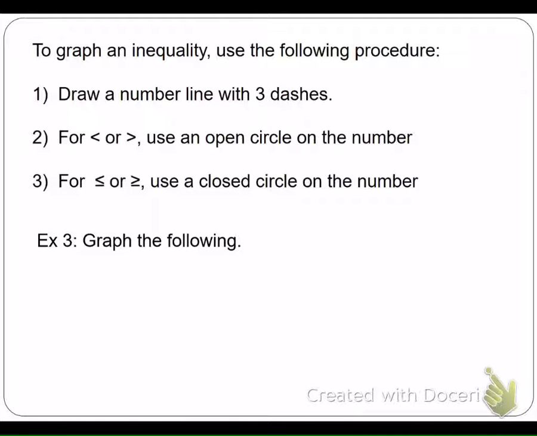So here is example 3. We're going to graph the following. If we're going to graph x is less than 8 on a number line, you first start with a number line. Put 3 dashes on the number line. One of the dashes has the number, and then the other 2 numbers right around it.